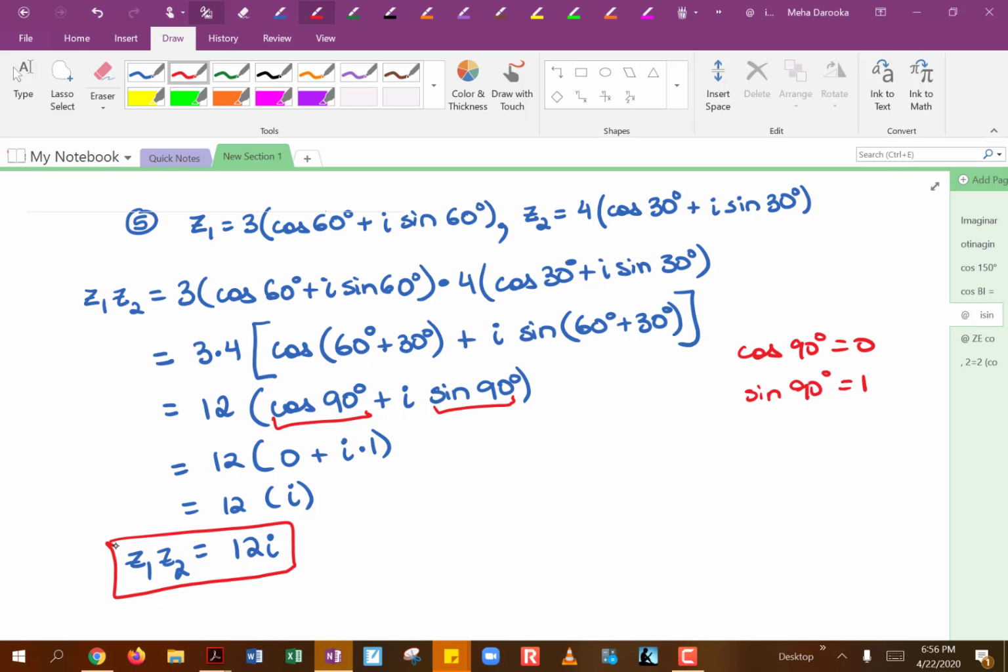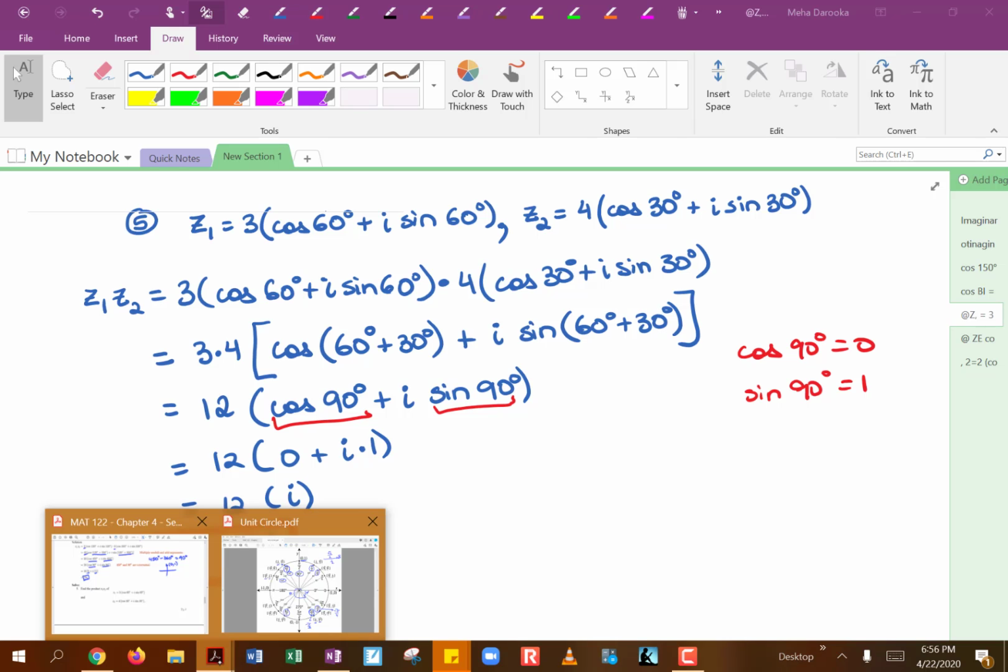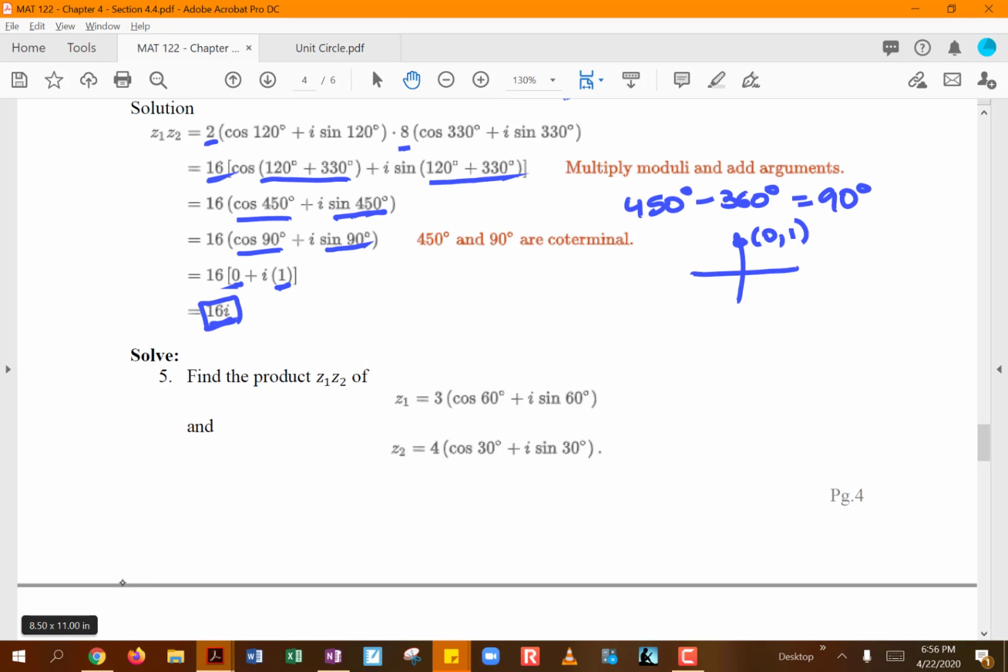Okay, and this only happened because our angle was at 90 degrees. If our angle was anything else, then you may not end up with just 12I. You would have some more terms in there. But this again just kind of gives you an idea of how the product rule works when you're trying to multiply two complex numbers in their trigonometric form.